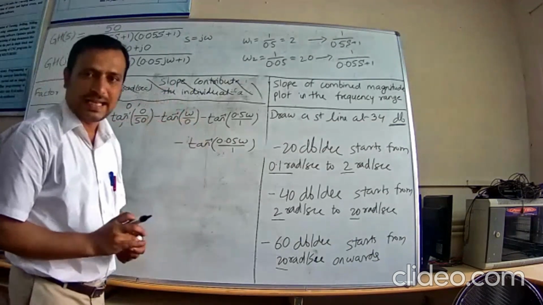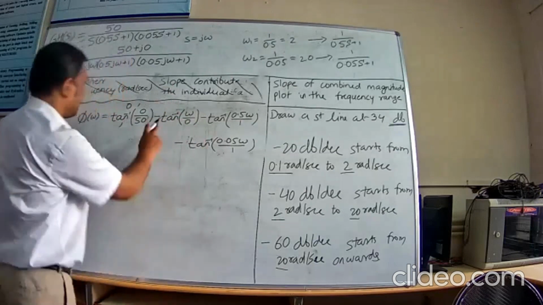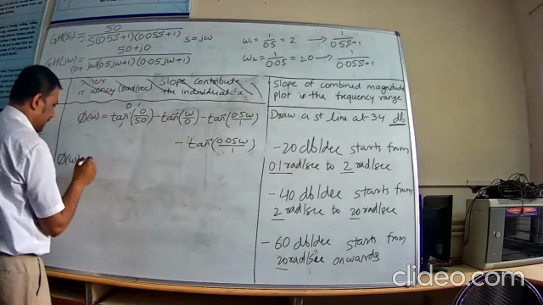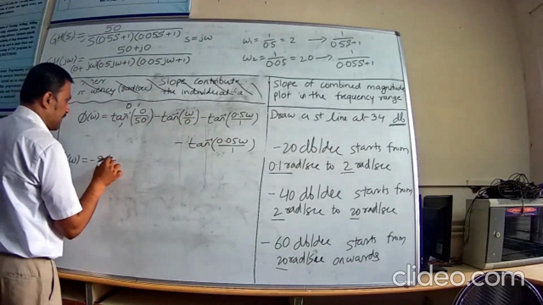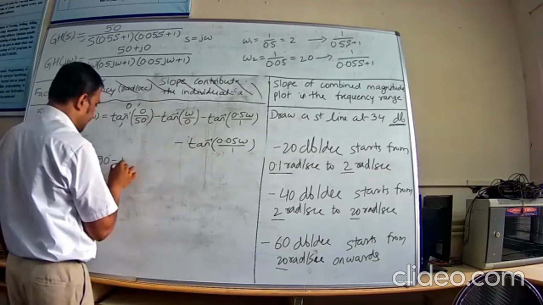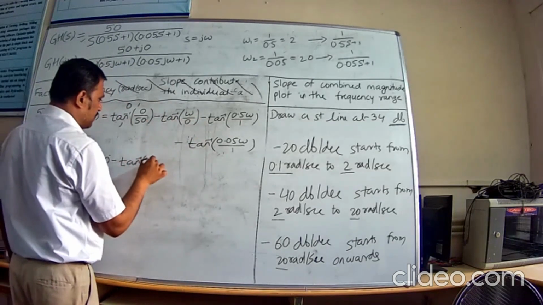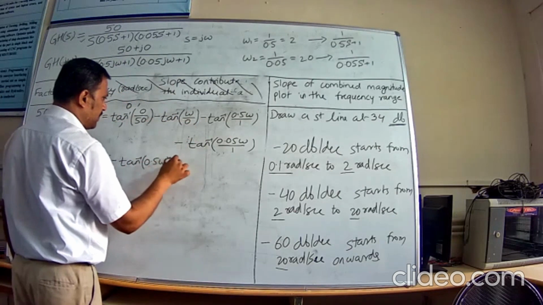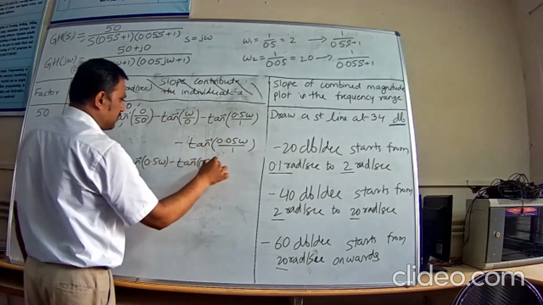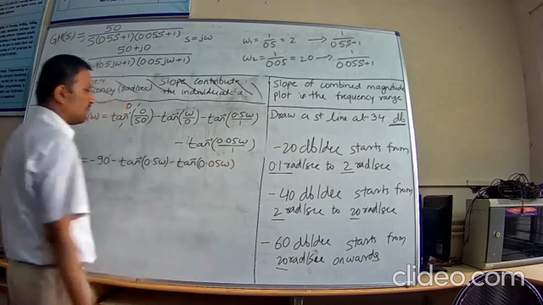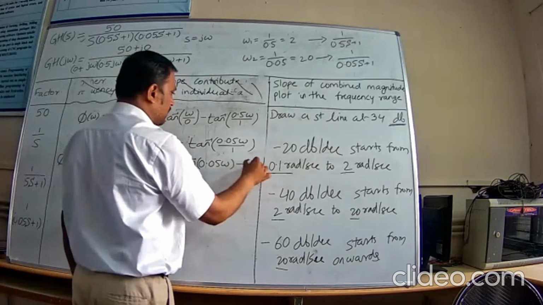Tan inverse of infinity is 90, because tan 90 is infinity, hence tan inverse is 90 degrees. Minus 90 degrees minus tan inverse of 0.5 into omega minus tan inverse of 0.05 into omega. We will call this equation number 1.